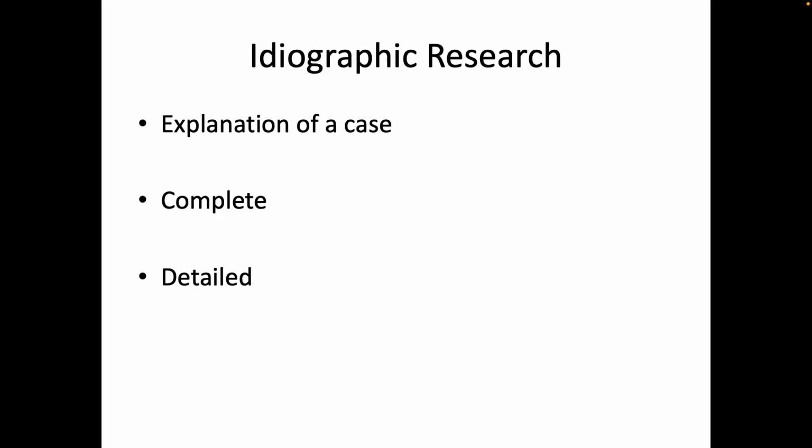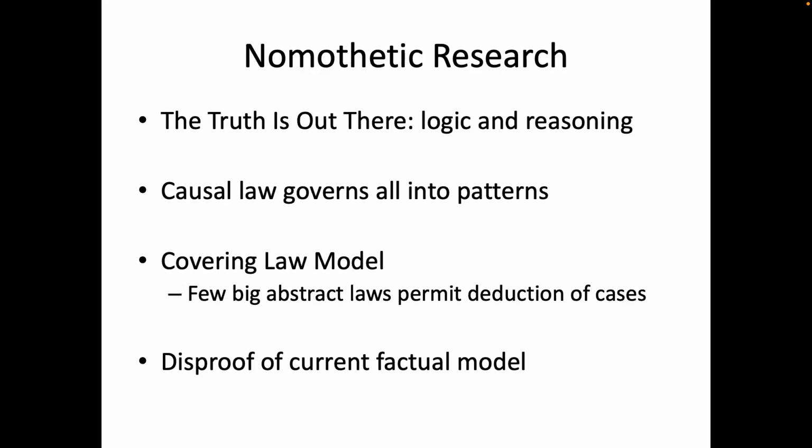Nomothetic research is what you and I probably thought of coming into this class as research, lab reports, stuff like that. Nomothetic research is the idea of things being generalizable. If I mix together solution A with solution B, swirl the test tube, I'm going to get the exact same result as somebody over in Kamchatka or in South Africa, mixing the same chemicals in the same way in the same kind of flask.